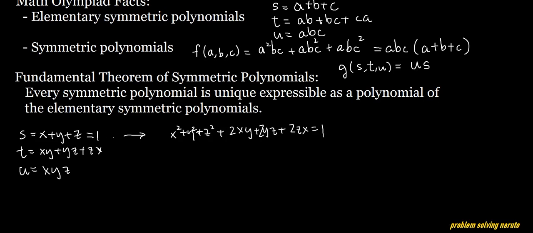I just square both sides. And now by the given, this is 2, and then this is my 2t, right? And this is 1. Okay, so you can find out t, in this case t is negative 0.5.